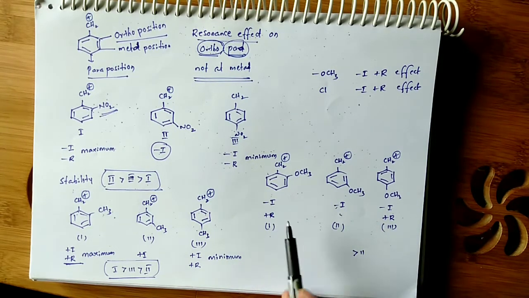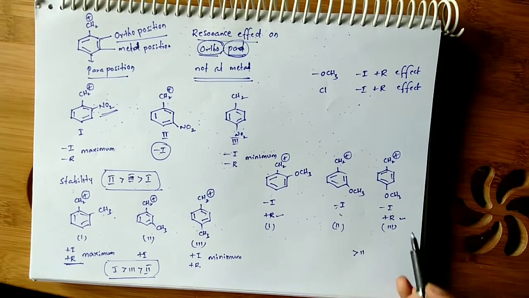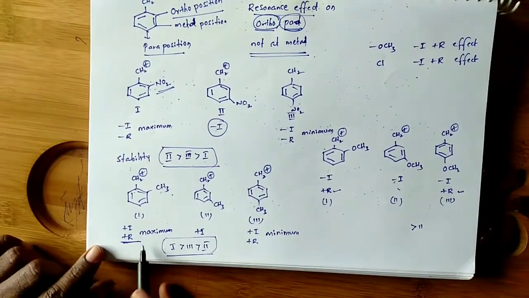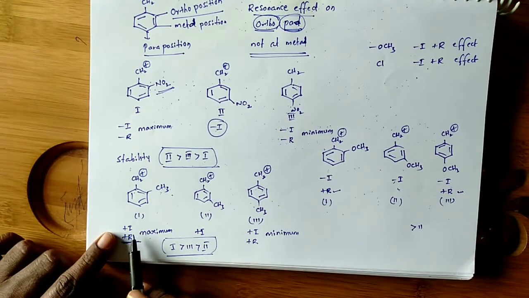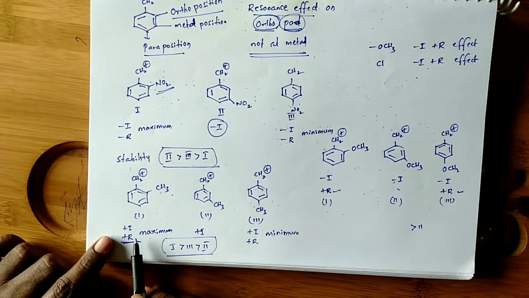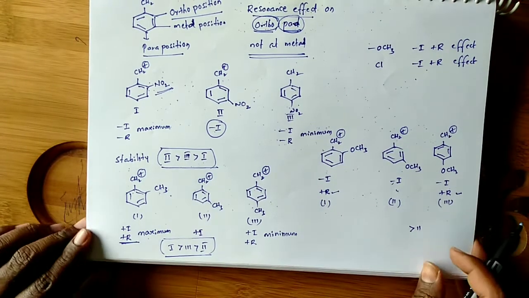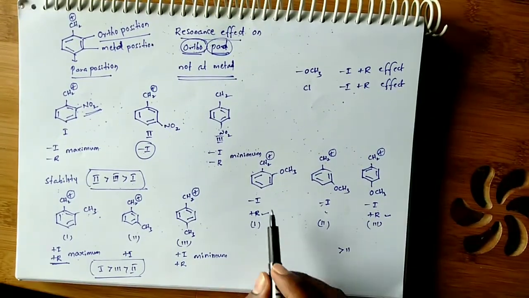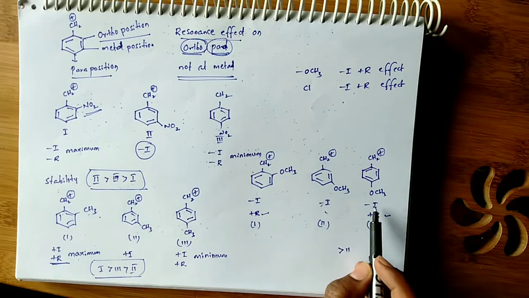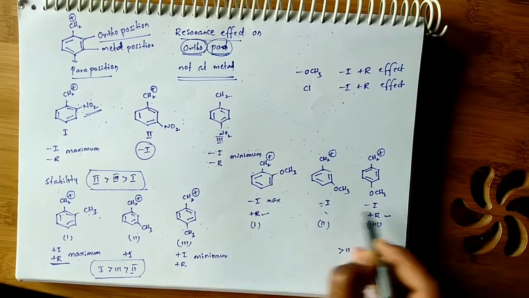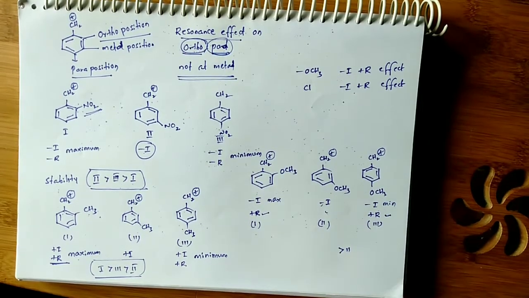Now compare these two. Here resonance effect and here resonance effect. The resonance effect, whether at ortho position or para position, is the same. When I said maximum and minimum, that is about the inductive effect, not the resonance effect. The resonance capacity at ortho and para positions is the same. So now compare the minus I inductive effect. Here minus I effect is maximum, and this is minimum.